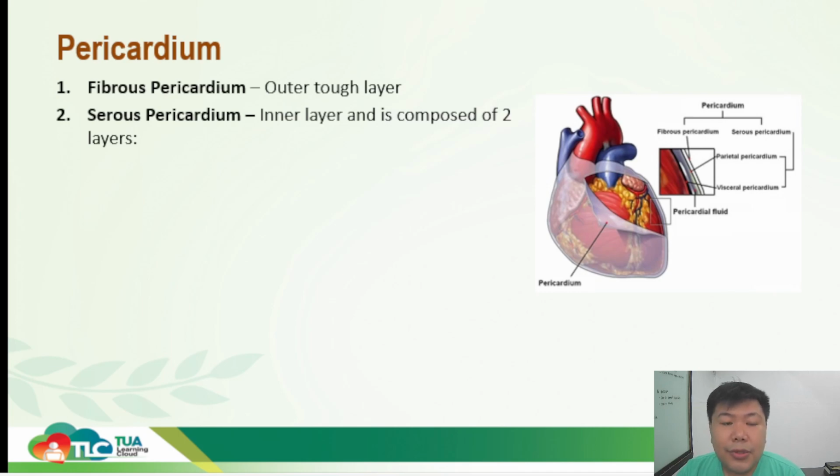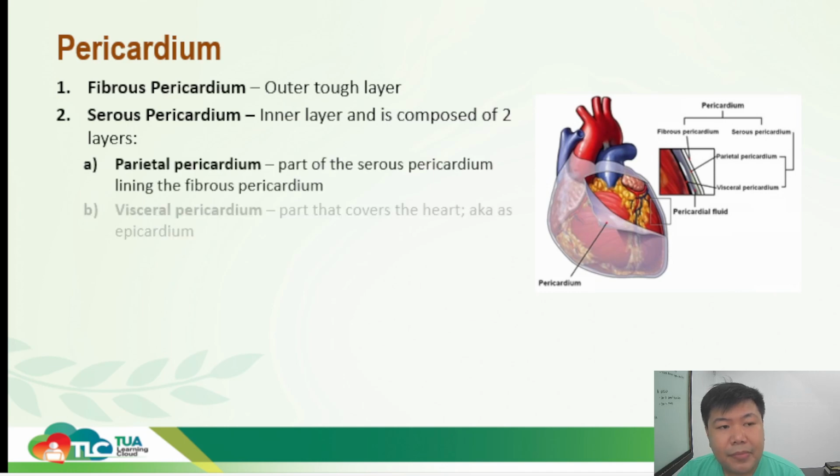Okay? So in this image, can you just imagine the outer one is the fibrous pericardium, the inner one is your serous pericardium, and that serous part is composed of two parts. The outer layer of the serous pericardium, which is connected to your fibrous pericardium, is called the parietal pericardium.